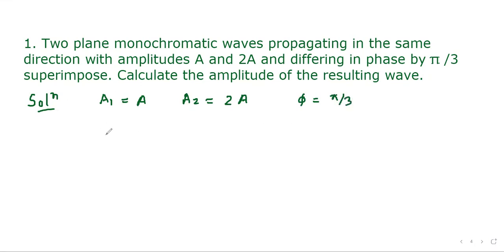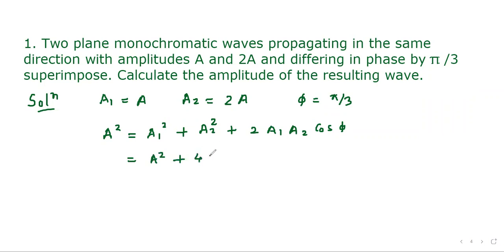And we know that A square equals A1 square plus A2 square plus twice of A1 A2 cos phi. We can put the values. So it will be A square plus 4A square plus 4A square cos pi by 3.